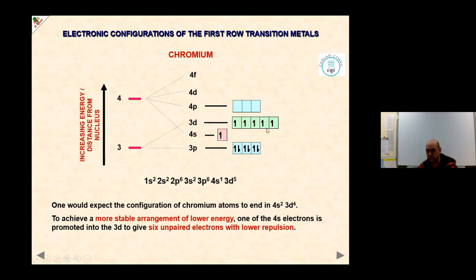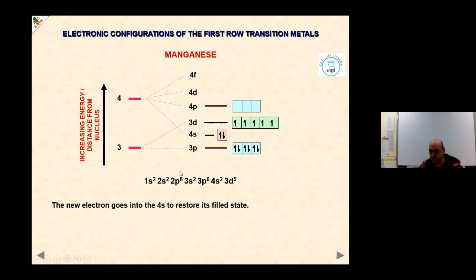So where's this other electron come from? It's come from our 4s orbital here. So this is you give a more stable atom by having your d shell either full or half full. So please do remember chromium. Of course, examiners quite often ask for chromium because it's the one that catches people out. Okay, after chromium, things go back to normal.